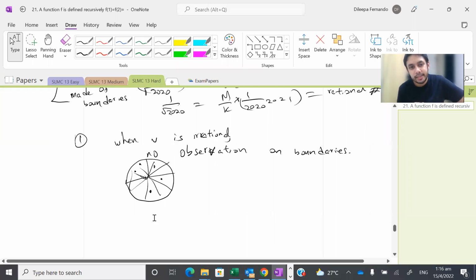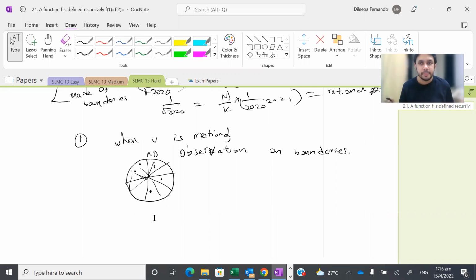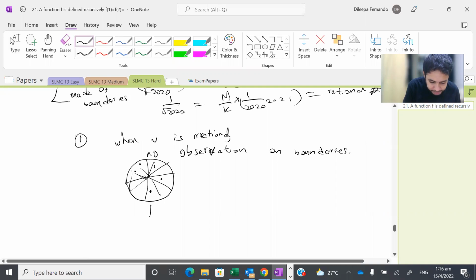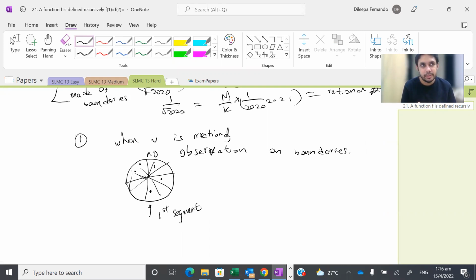So since we know that there's no observation on boundaries, the next step we have to prove is that there should be an observation on the first segment. But how can we say that? It's very difficult. Maybe it can be easy to say about the first segment, but when it comes to the 2022nd segment, it's very difficult.